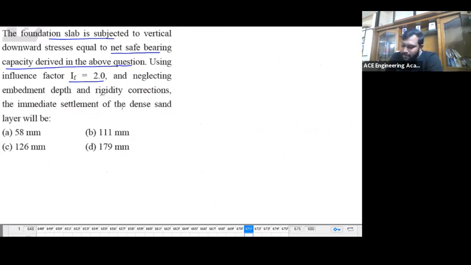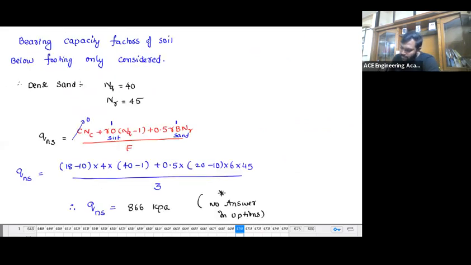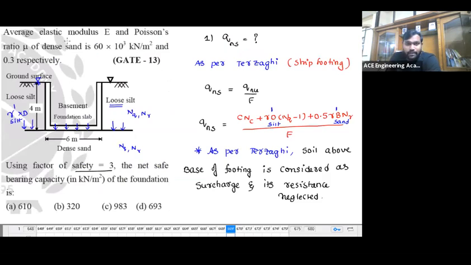What is the immediate settlement of the denser sand? The immediate settlement is net pressure by E into B into 1 minus mu square into I. I hope you remember, right? I have already given the average elastic modulus E value and Poisson's ratio of denser sand as 60 and 0.3.